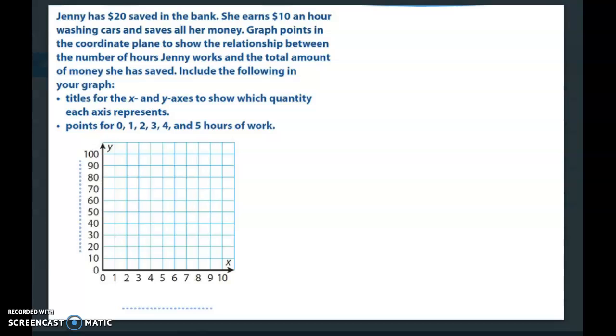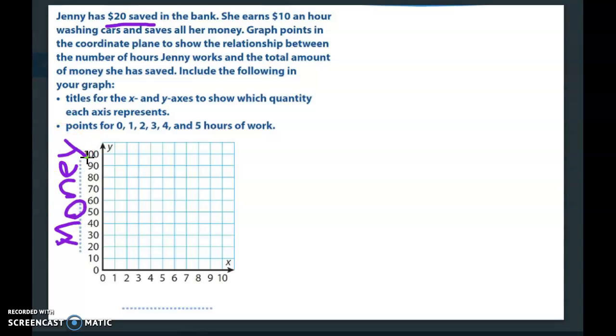So which one do you think is going to be worth the money? The x-axis only goes up to 10, but it's telling me she has $20 saved in the bank. So it must be the y-axis. So on the y-axis, I'm going to write money that she earned.